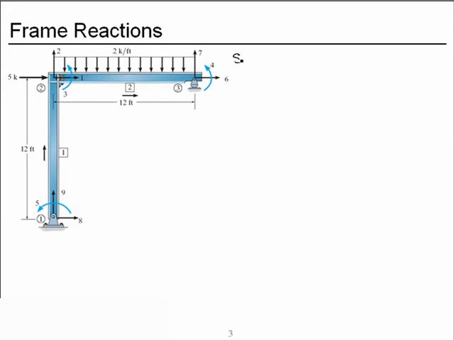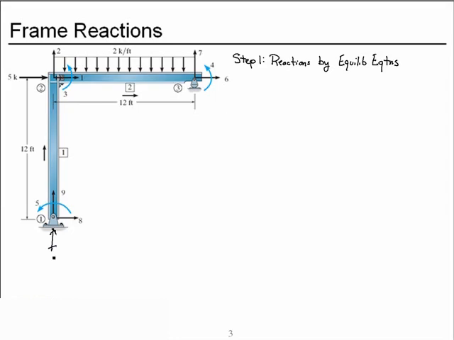Step 1. Let's find the reactions by using our equilibrium equations. And we have 3 reactions.